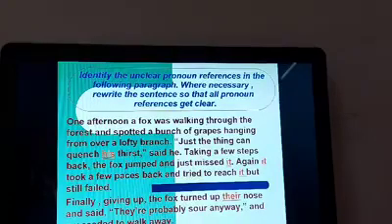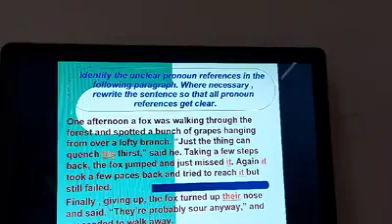Here I have written a whole paragraph in front of you, and in the paragraph there are some pronouns which should not be in use in this context. What we should do first is read the text again and again.